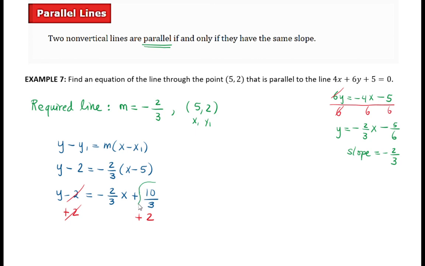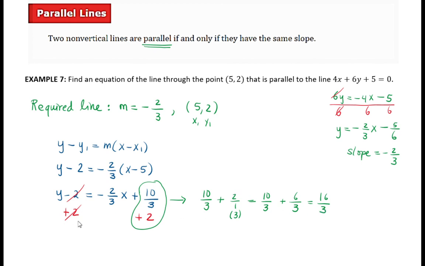You're going to add these two, but you can do this easily by hand as well. This is 10/3. That's like 2/1. So you need to make the denominators the same. So I got 10/3 plus 6/3, which is going to be 16/3.